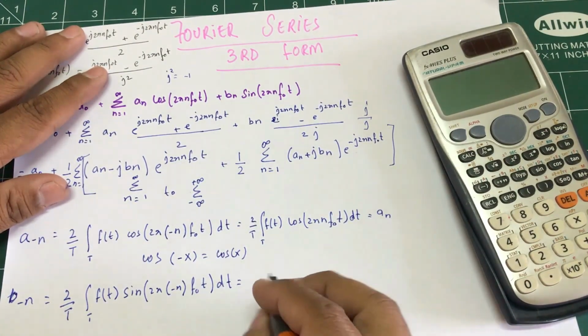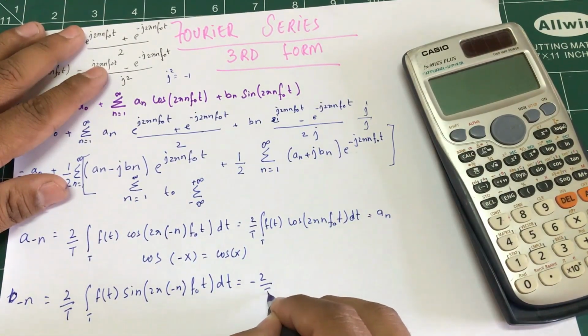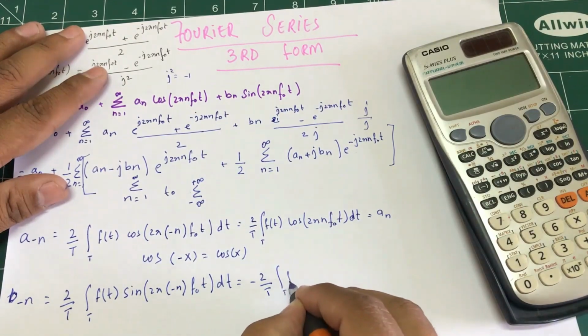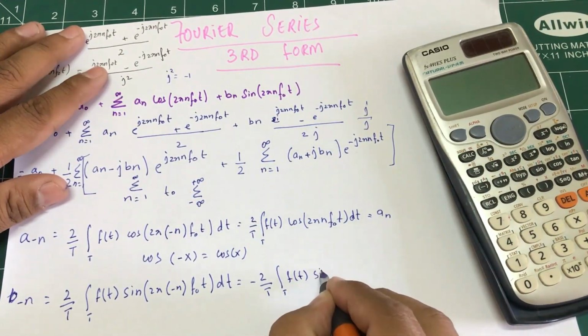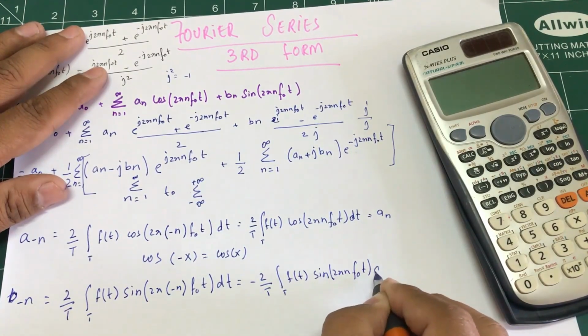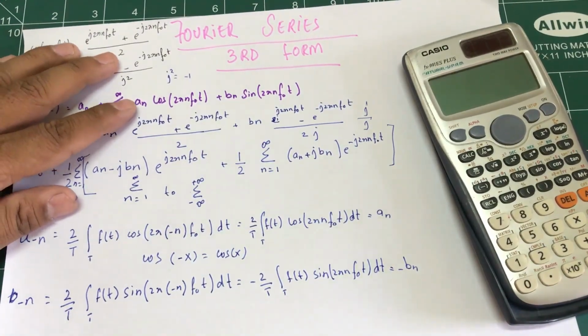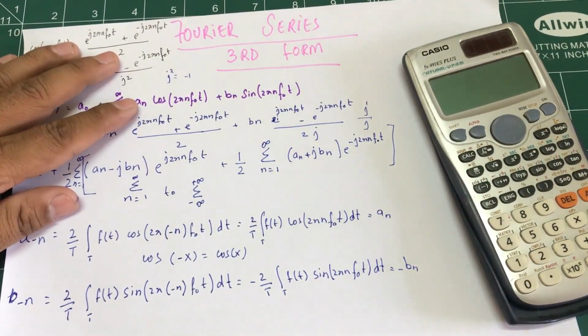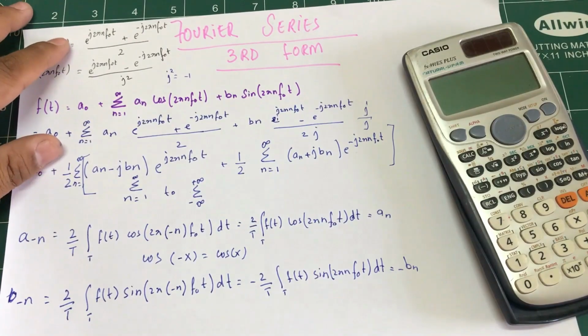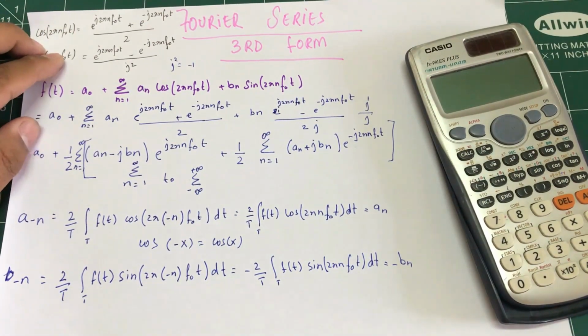So this would become 2 over T, f of t sine 2 pi n f naught t dt. This is going to be your negative bn. All right. I hope you guys are seeing this.